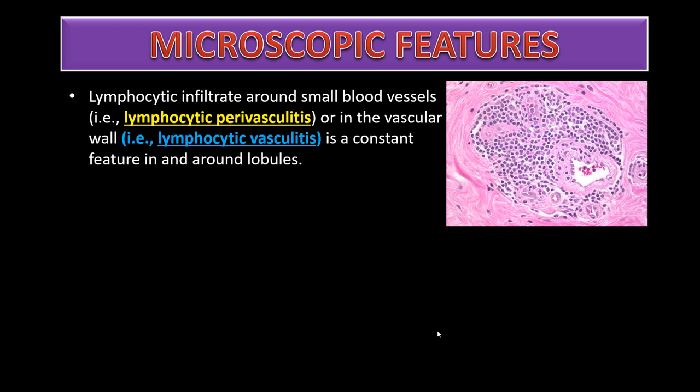Lymphocytic infiltrate around blood vessels, that is lymphocytic perivasculitis, or in the vascular wall, called lymphocytic vasculitis, is a constant feature in and around lobules.